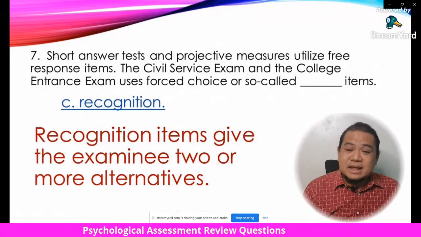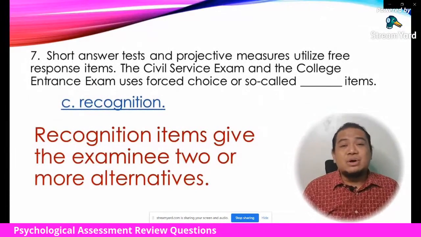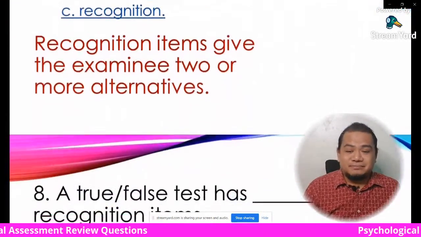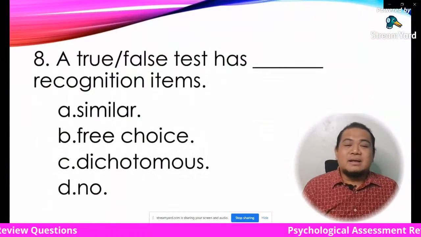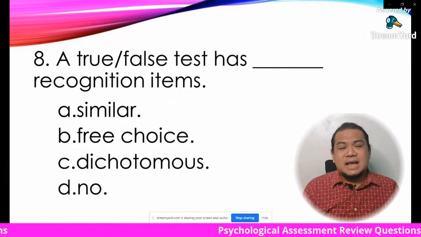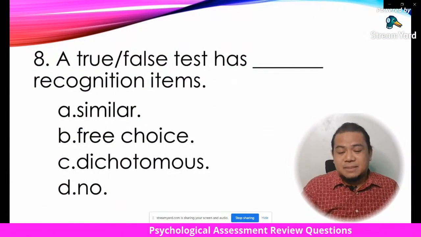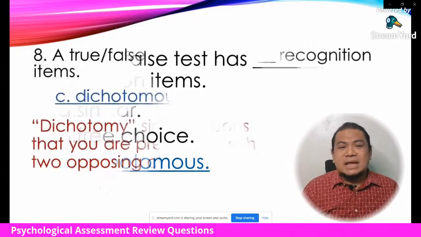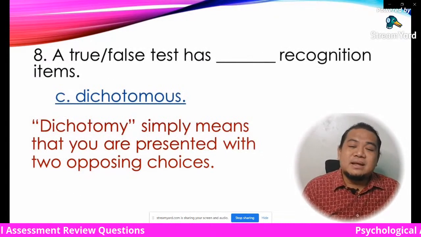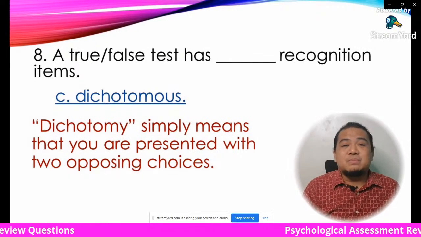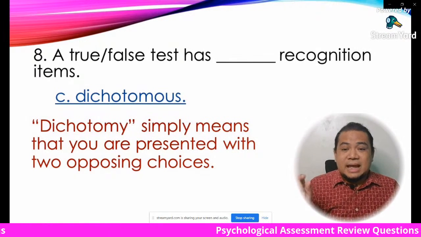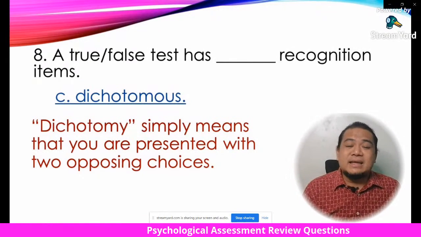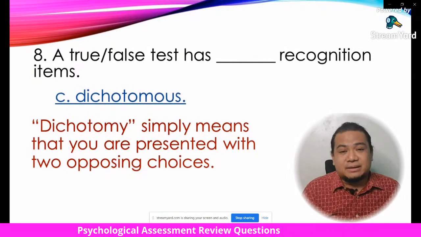Recognition items give the examinee two or more alternatives. Next number. A true or false test has blank recognition items. And the answer is dichotomous. Dichotomy simply means that you are presented with two opposing choices, and this explains why choice A is definitely incorrect.